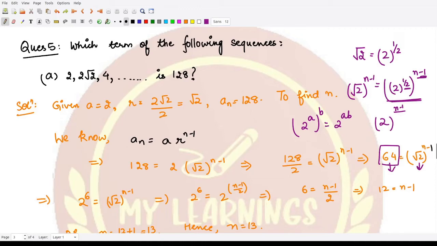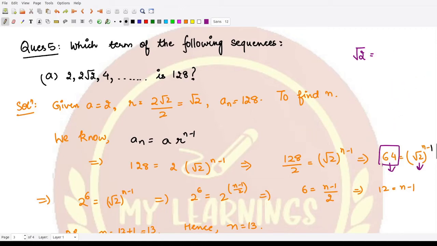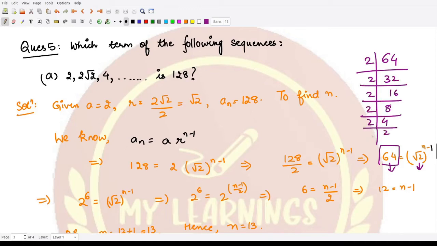This is one thing. Another thing, we can take the prime factorization of the number 64. This number is 64. We can divide it by 2, right? So you see, you would have how many 2's? 1, 2, 3, 4, 5, 6. So you can write 64 as 2 raised to power 6, right?